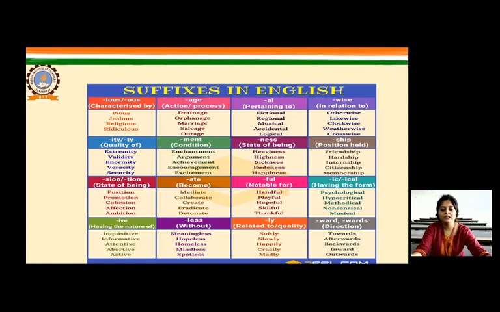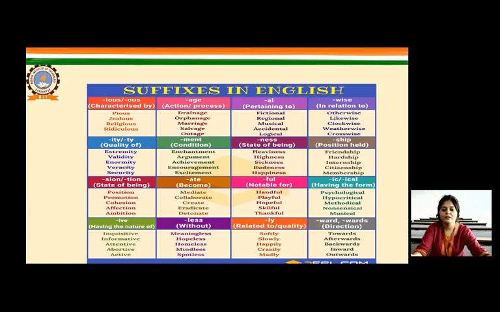Then we have ness, and we are adding it like heavy plus ness comes out as heaviness, or highness, sickness, rudeness, happiness, all of these. Then we have ship as in friendship, hardship, membership, etc.